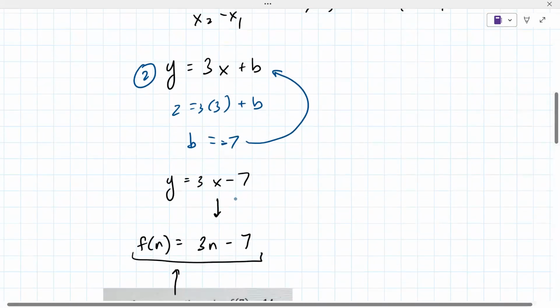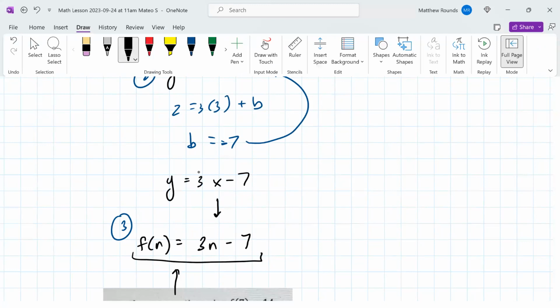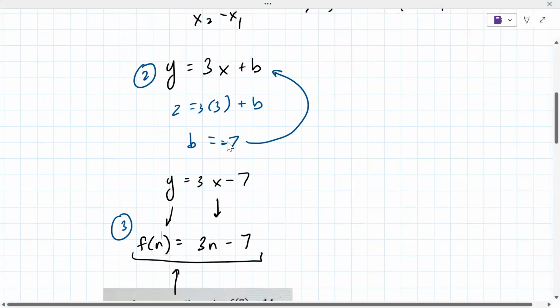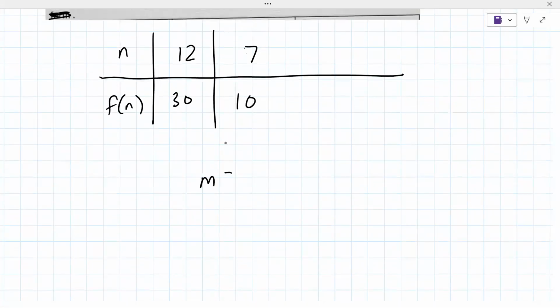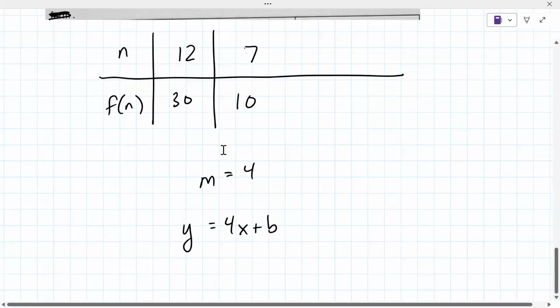Then the third step is to rewrite it, using n instead of x, and f of n instead of y. Right now, here's what you have: m equals 4, y equals 4x plus b. So you have to use one of your ordered pairs to solve for b, 7 and 10. Go ahead and use that to solve for b.